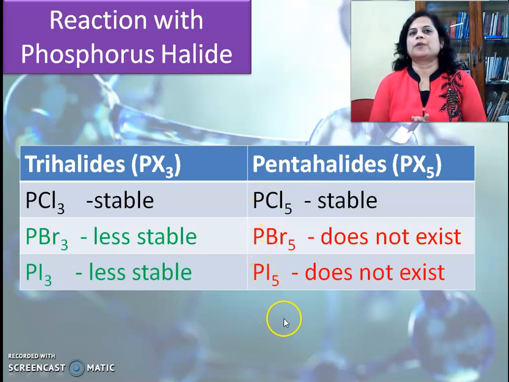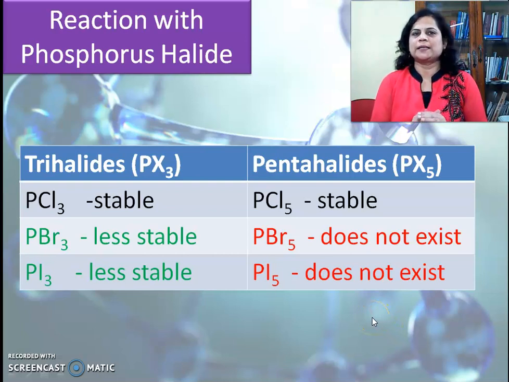PBr5 and PI5 do not exist, and therefore we do not have reactions with these two. PBr3 and PI3 are less stable, so only the reaction conditions are different for these two, and very fast reactions occur with PCl3 and PCl5. All these reactions are with alcohol.